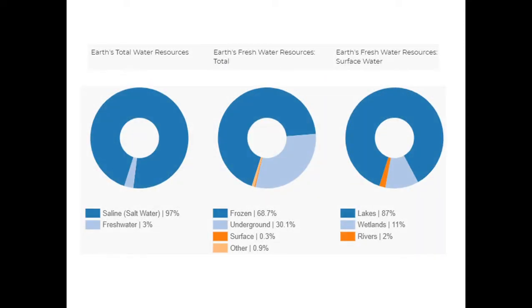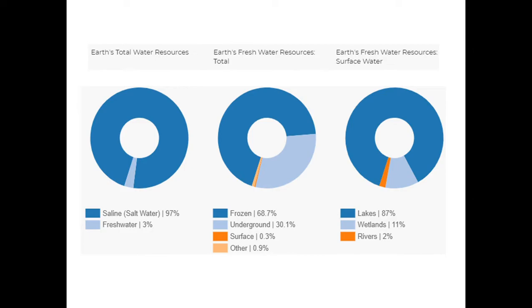All right, here we have some interesting images to analyze. Right at the left, that's what I was telling you about: saline water is 97% all around Earth, and only 3% is fresh water. In the second one, the one right in the middle, the title is Earth's Freshwater Resources Total.